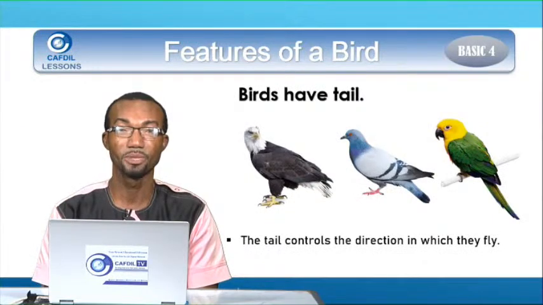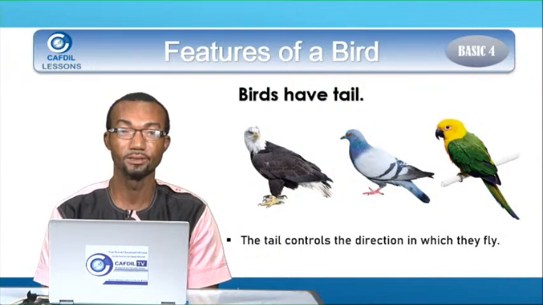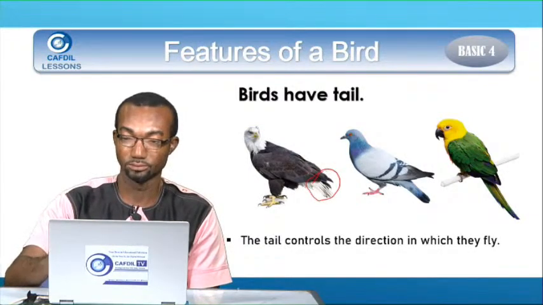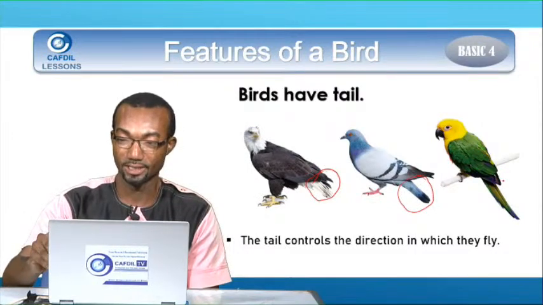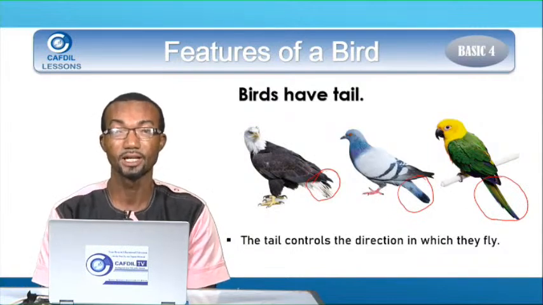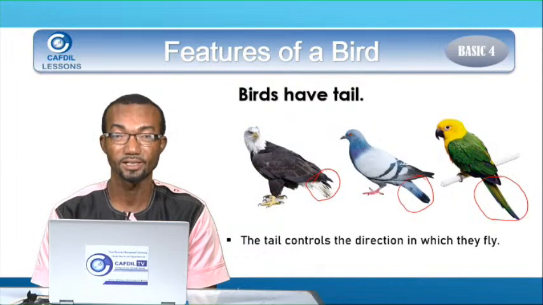Another feature is that birds have tail. So if you see the eagle here, there's the tail of the eagle. There's also the tail of the dove, and there's the tail of the parrot. And you see that the tails are not the same, but all birds have tail.